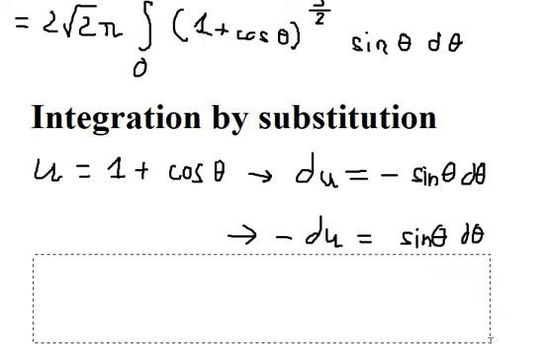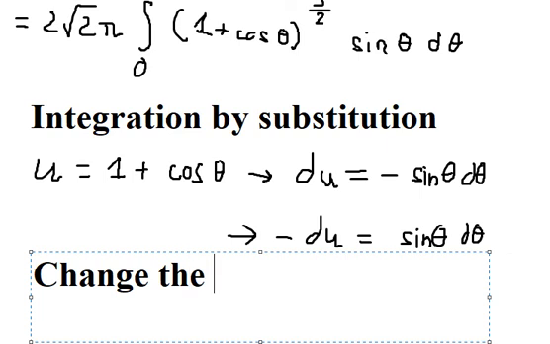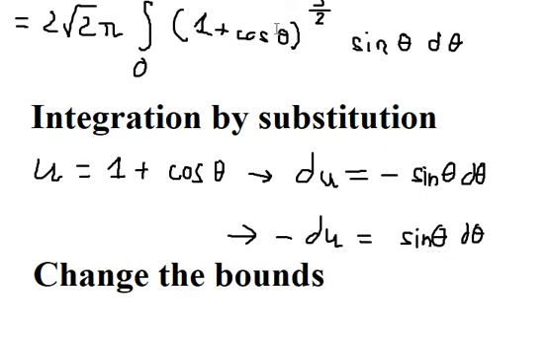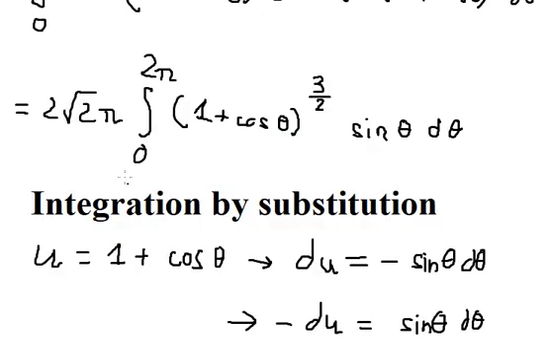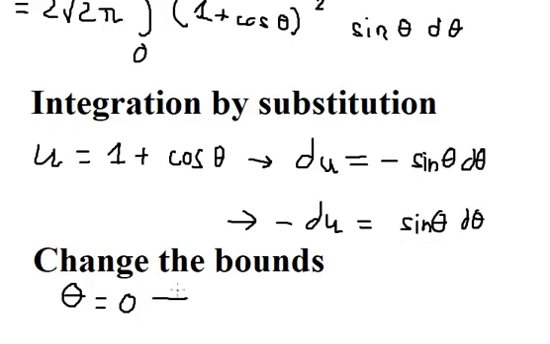Next, we need to change the bounds. So when theta equals number 0, that is from here, I will put number 0 here to find the value of u. So 1 plus cosine 0, we have number 2.